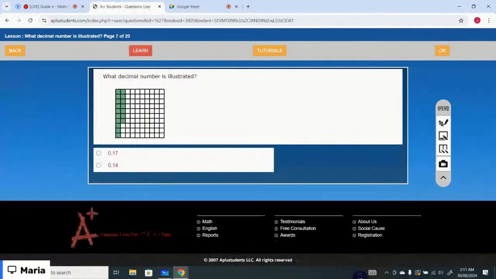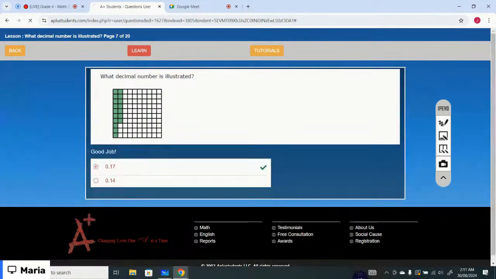What decimal is illustrated? Which is the correct option? The correct option is 0.17. Option number 1 is the correct option.